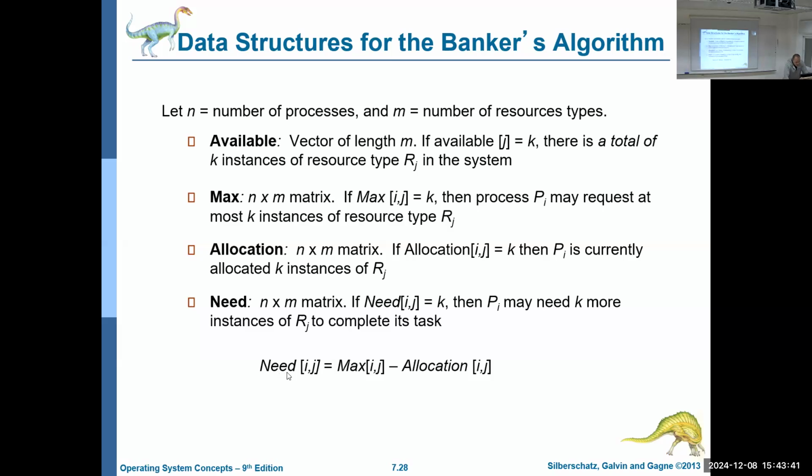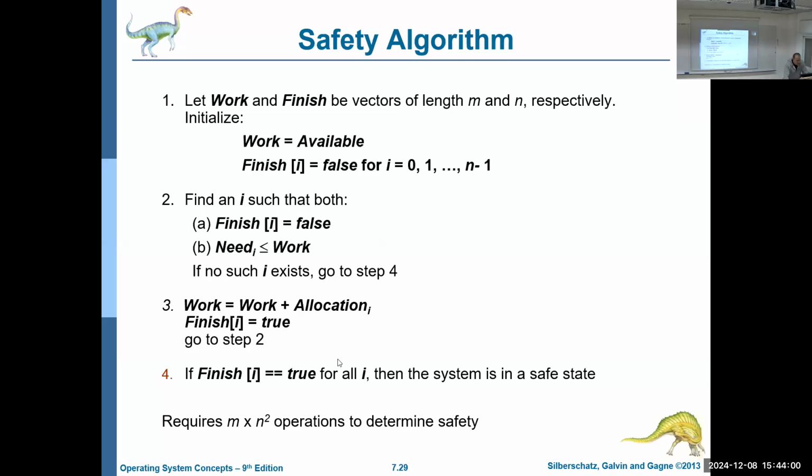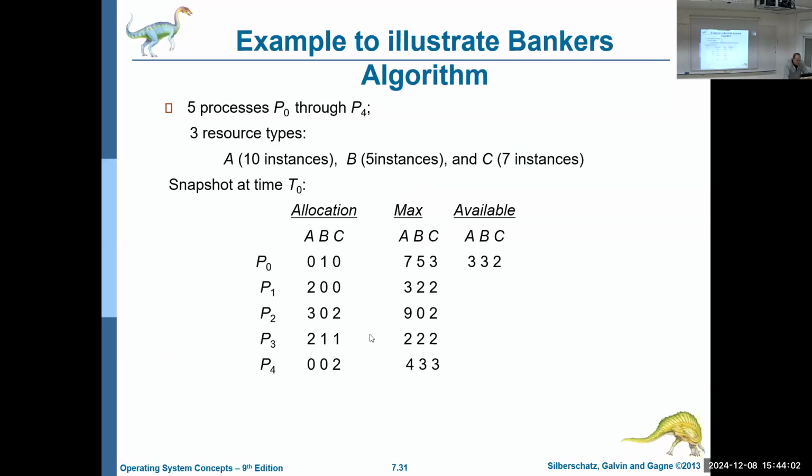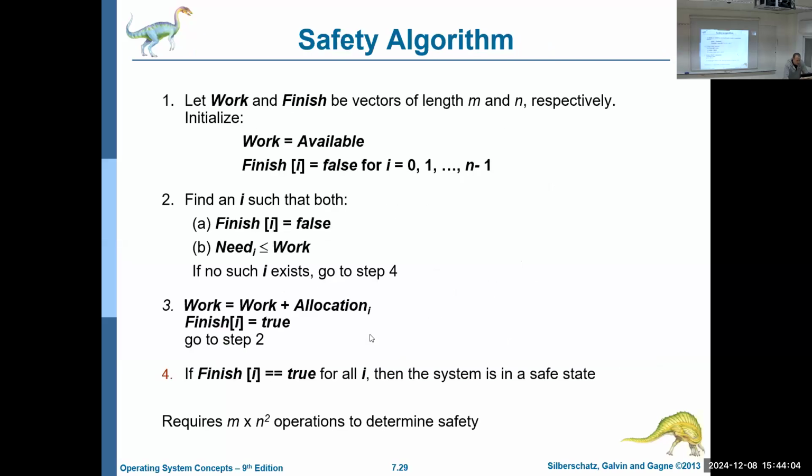And here, the Need of each is equal to the Max of each process per resource minus the Allocation of each process per resource. This is just a mathematical way of saying the following. Here, I'll skip this. Here you see just the loop where we have to go through.